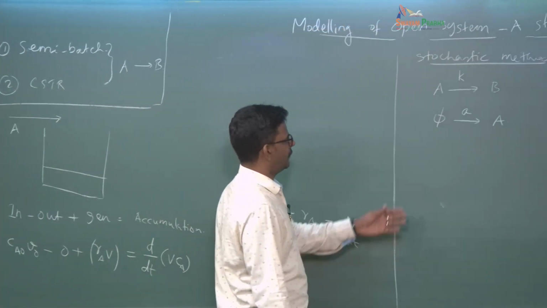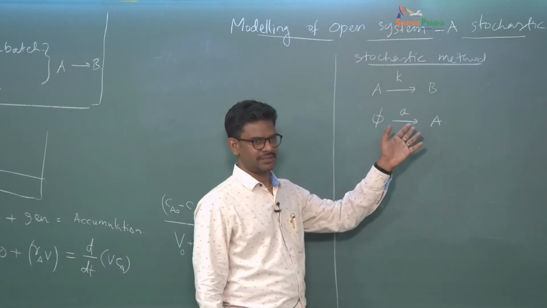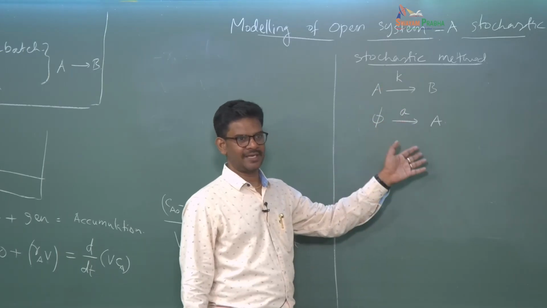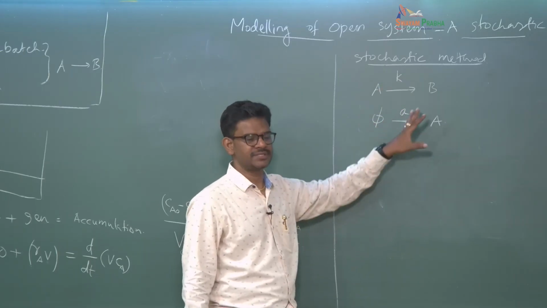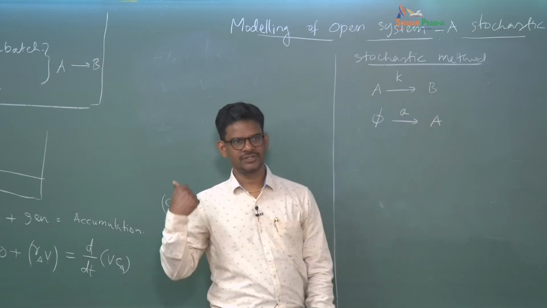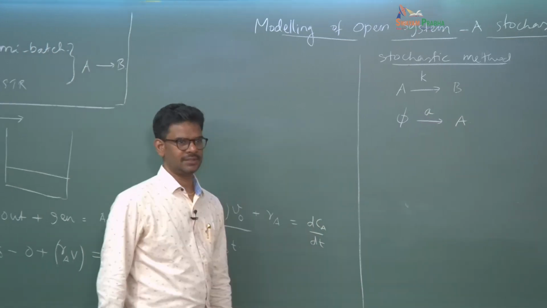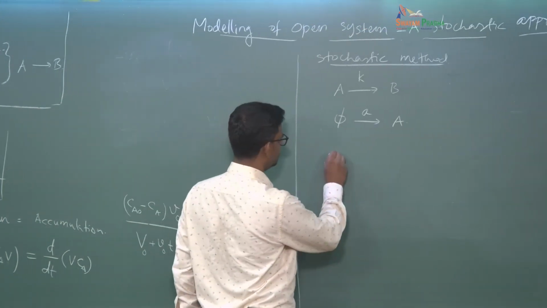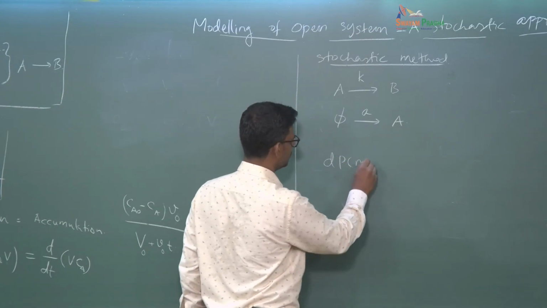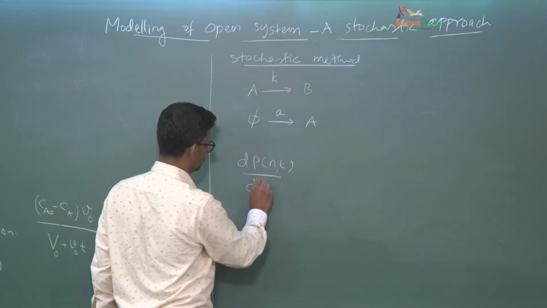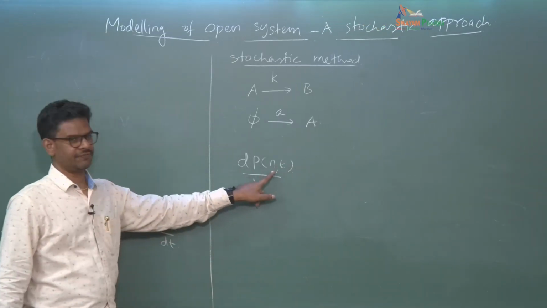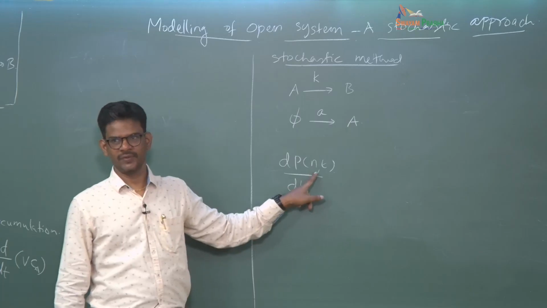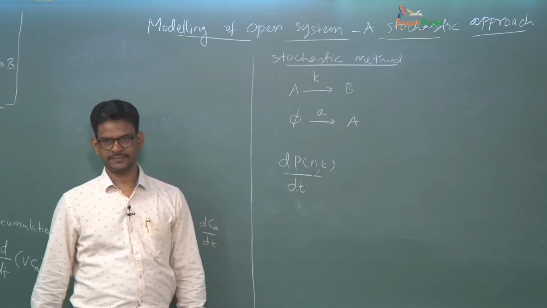So then we have to basically handle these sets of equations, and the chemical master equation that represents this scheme will actually model the semi-batch reaction system. So we write dPn. We are asking what's the probability of finding n number of A molecules at time t in a reactor.